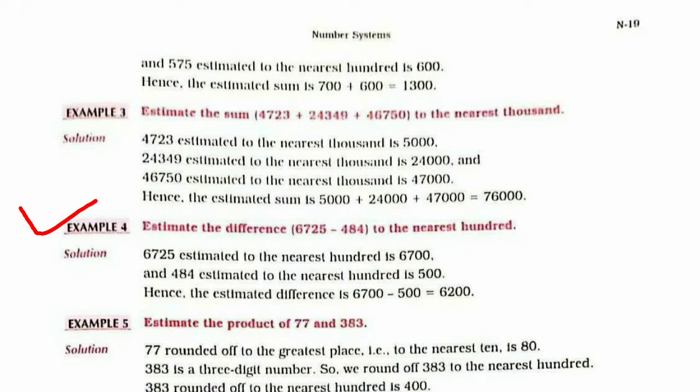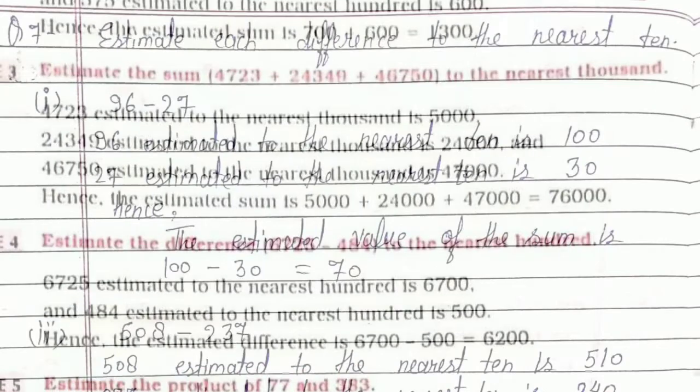So 6725 estimated to the nearest 100 is 6700 because 2 is less than 5, and 484 estimated to the nearest 100 is 500 because 8 is more than 5. Hence the estimated difference will be 6700 minus 500, which is equal to 6200.